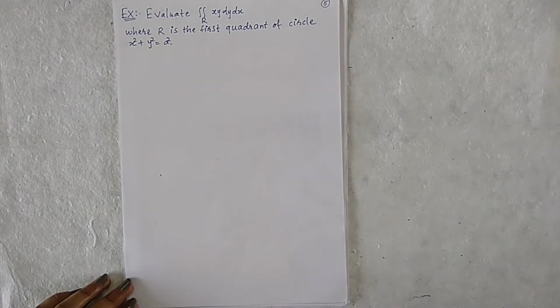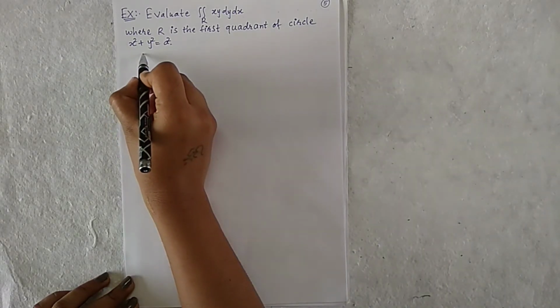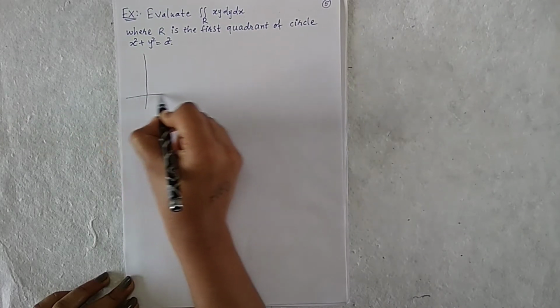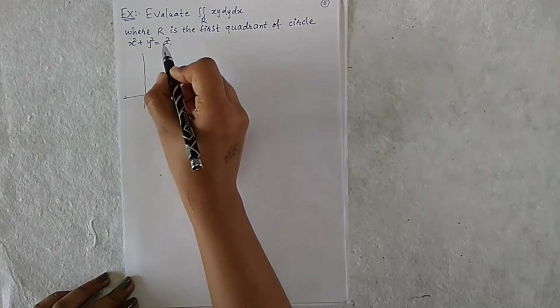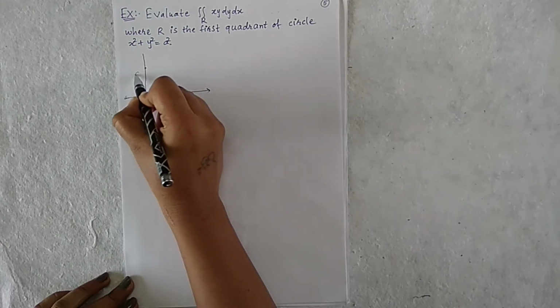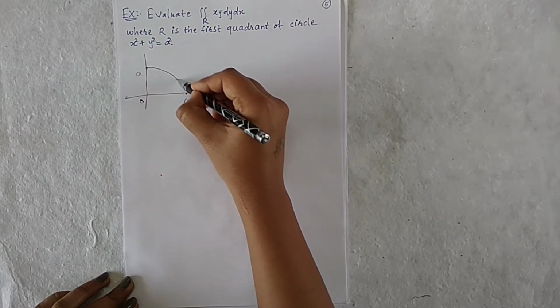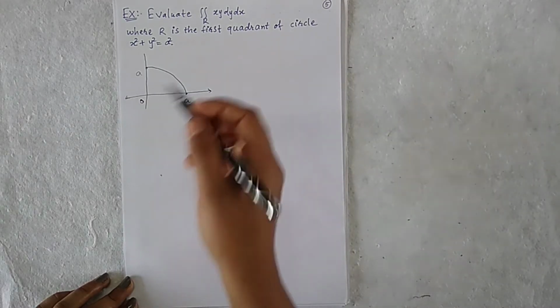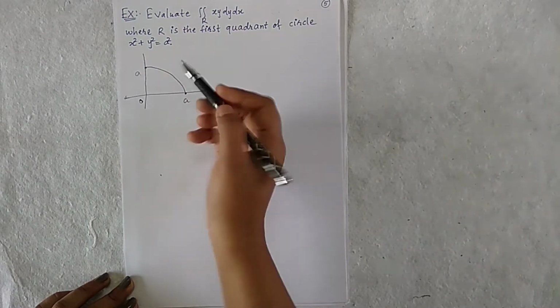Evaluate the double integration of xy dy dx, where the region is the first quadrant of a circle, and the equation of this circle is x square plus y square is equal to a square. If we describe the region, the radius is a, and I am only showing the first quadrant.